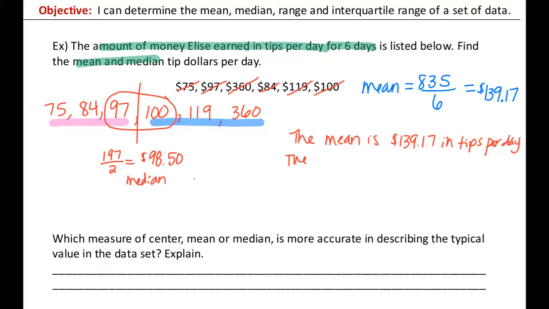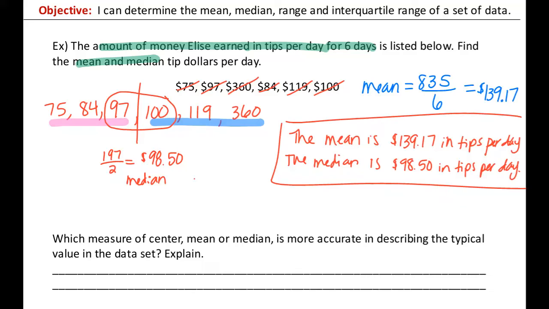And then the median is $98.50 in tips per day. But do you notice, are these roughly the same? Those 2 values? They are very different, right?